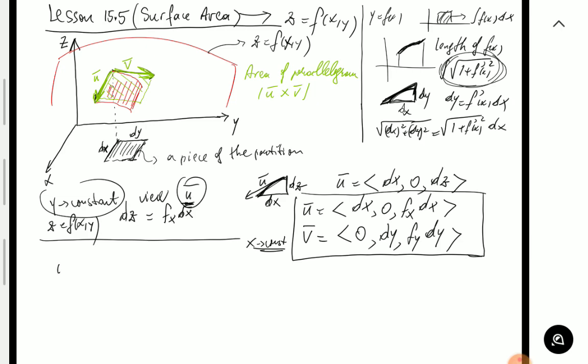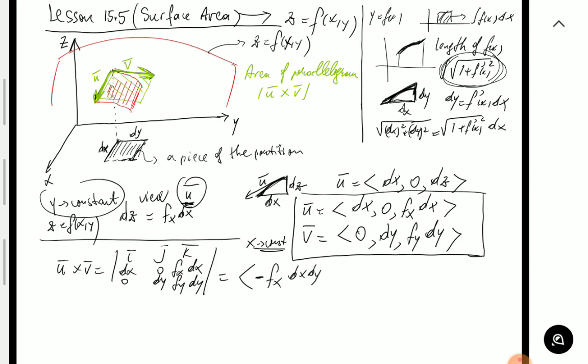So what is the cross product? Well, let's write down again the symbolic determinant here. dx, 0, fx dx; 0, dy, fy dy. And then the first component is going to be minus partial x, dx dy.